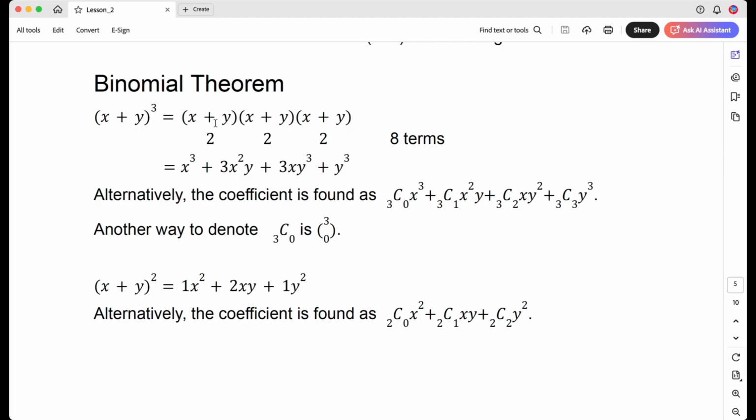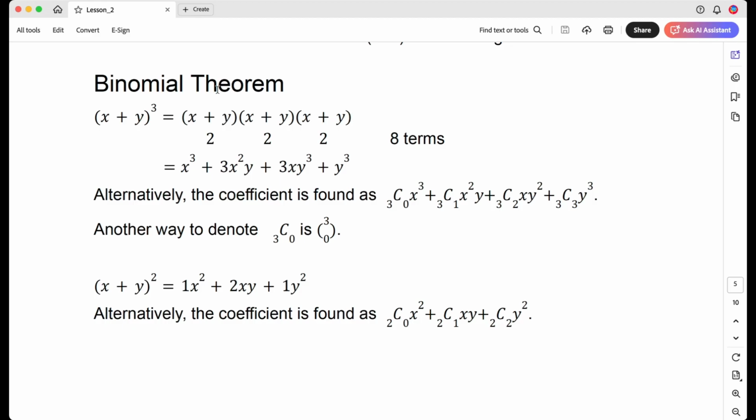We have two terms in each parentheses, and each product in x plus y cubed will come from selecting one of the two terms in each expression and multiplying together. So we have two choices for the first parentheses, two for the second, and two for the third. That leaves us with 2 times 2 times 2, or 8 possibilities.